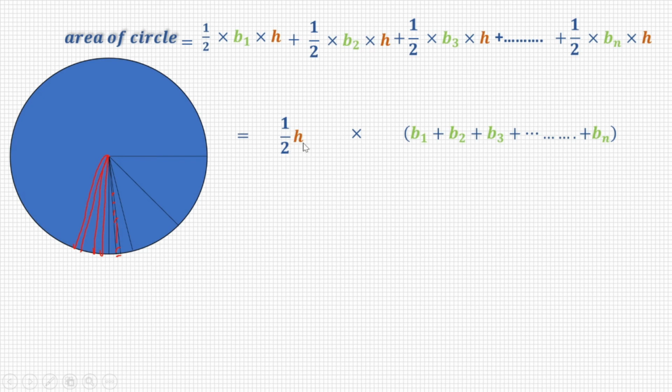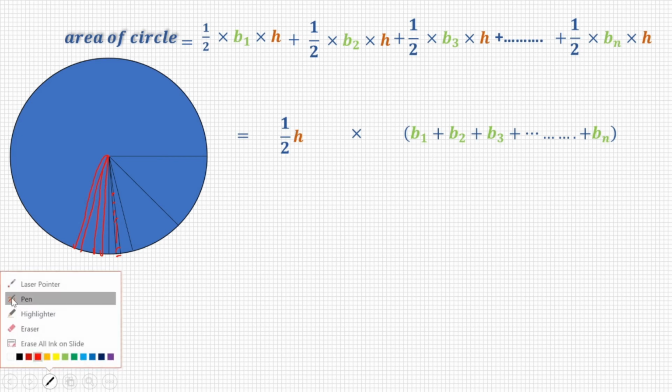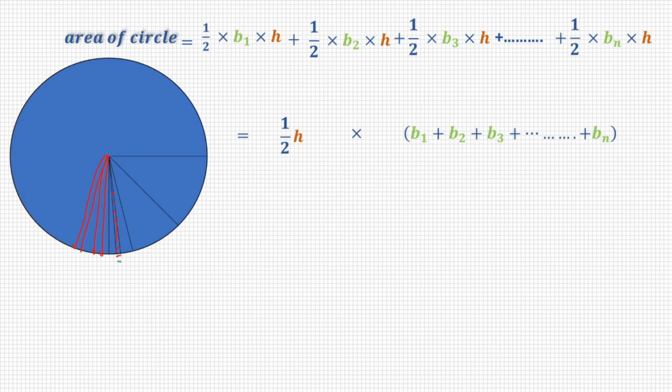But what is H for the circle? We need to redefine these for the circle. The height of the triangle is actually the radius of the circle. And B1 plus B2 plus B3, what is this? This is B1, then this is B2, then this is B3, B4, B5, B6.